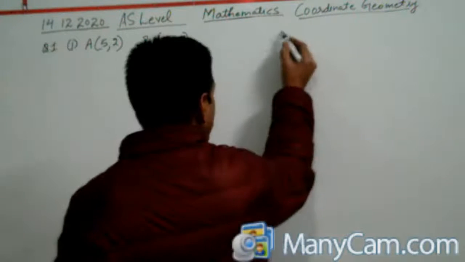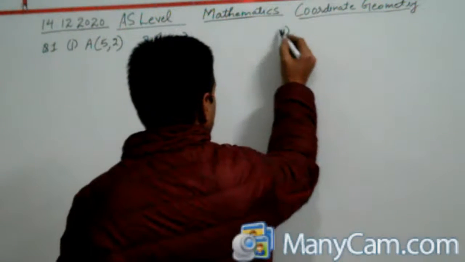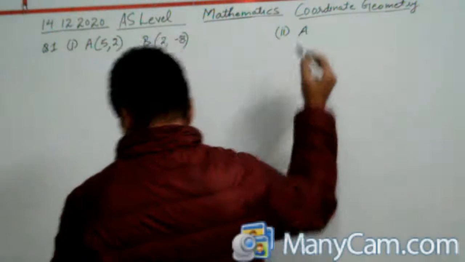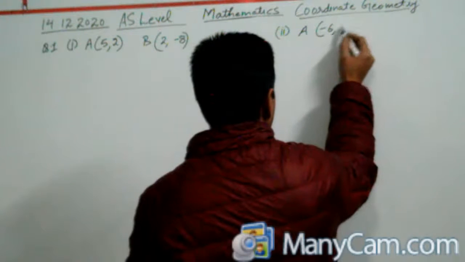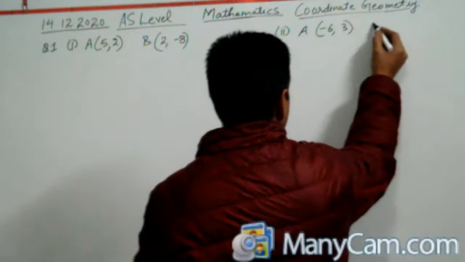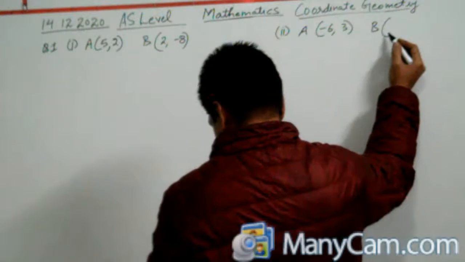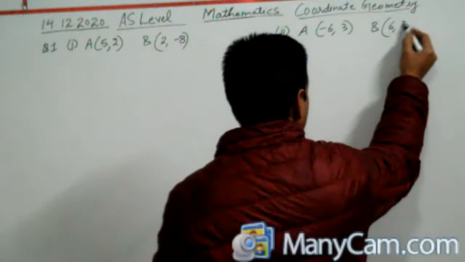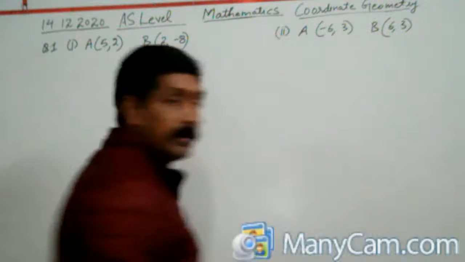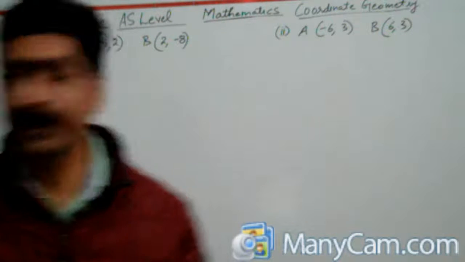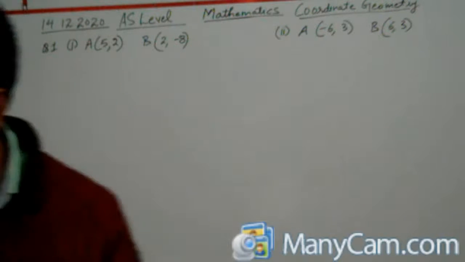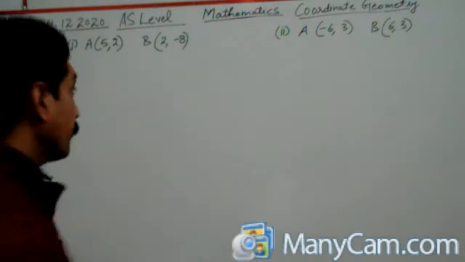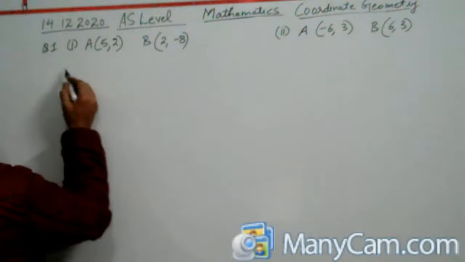And the second portion, A point is minus 6, 3, and B point coordinates are 6 and 3. So first, in both the parts, we will find the gradient of the line AB, then the midpoint of the line AB, right?